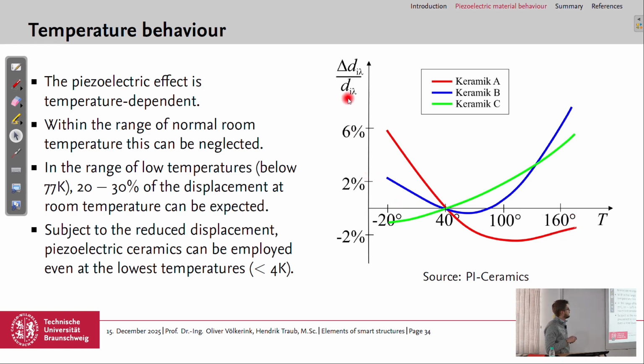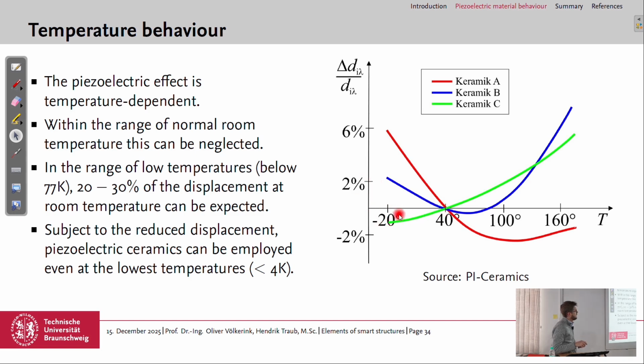And we look at the difference in the dielectric constant. So how does the dielectric constant change, normalized with the dielectric constant at room temperature, or at 40 degrees in this case? How does it change over temperature?